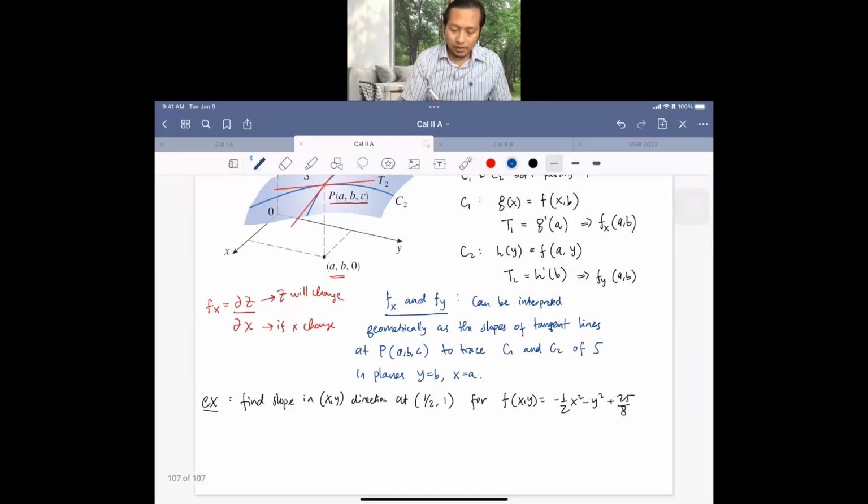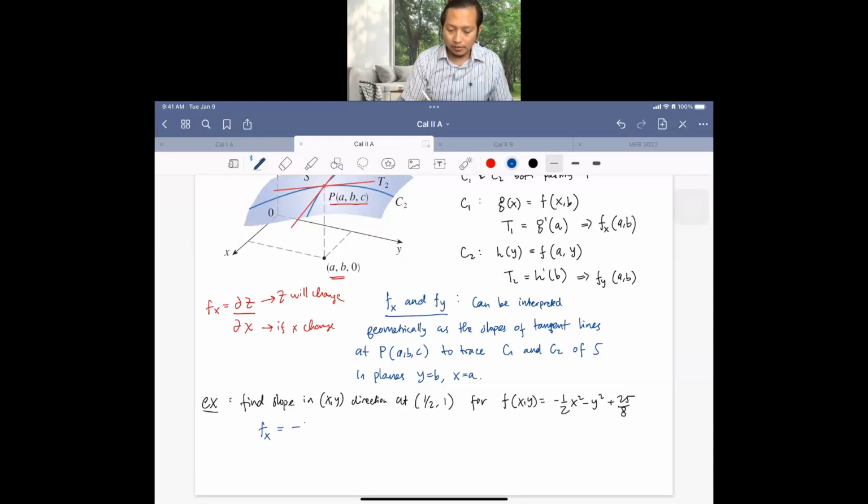We get the partial x from this function as minus x, and partial y is minus 2y, of course, right? Now partial x at the point half and 1 is just negative 1 over 2, and partial y is negative 2. Oh, this should be at the point half, 1.